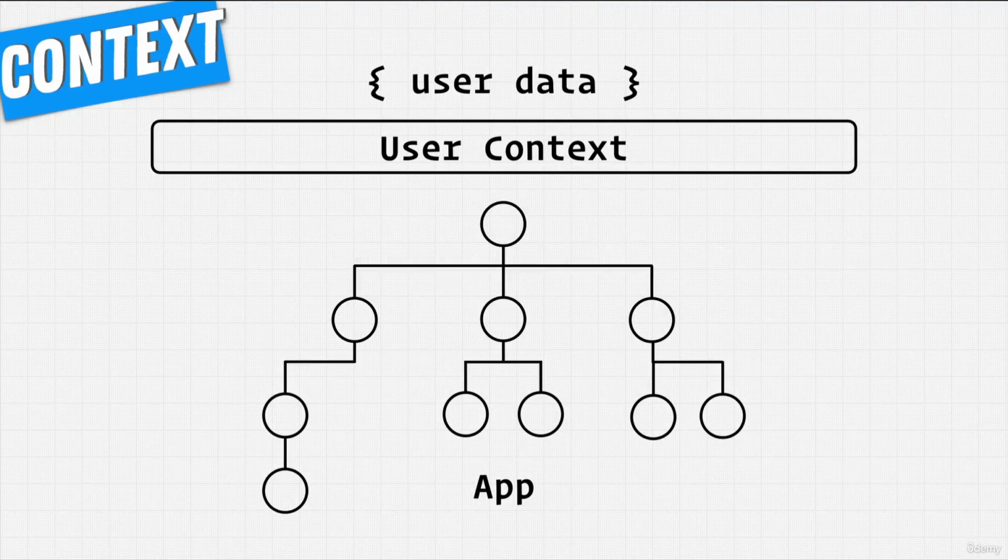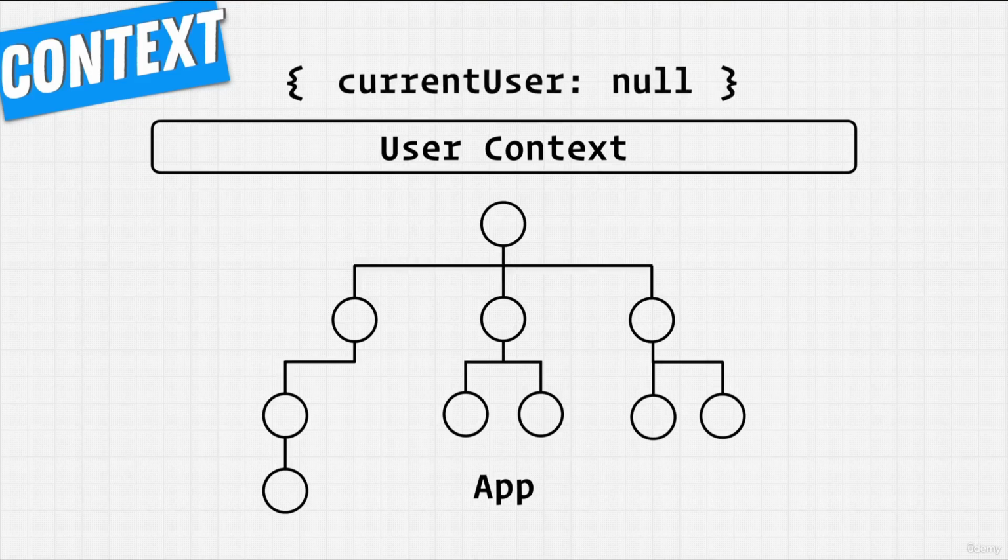Now, of course, this user data, as we know, can be pretty much whatever we want to set it to. But in our particular case, with our own user context, it's really just a current user value. It's either going to hold null or it's going to hold an object. But the main thing to remember is that user context lives outside of the application in a sense that it's at the parent level, so that we can say, I have some component down inside my application.